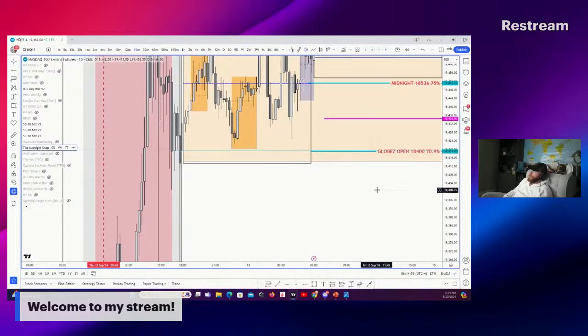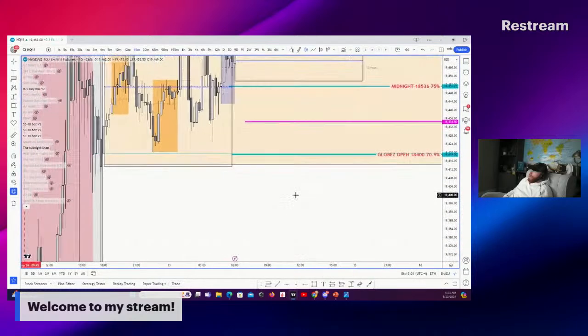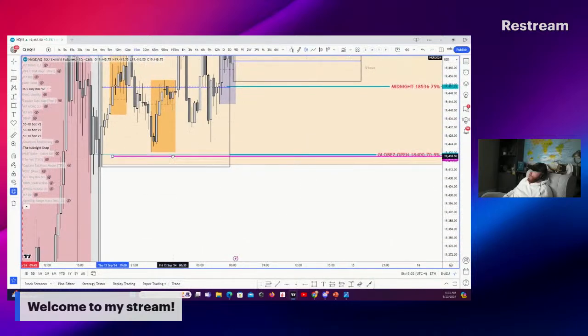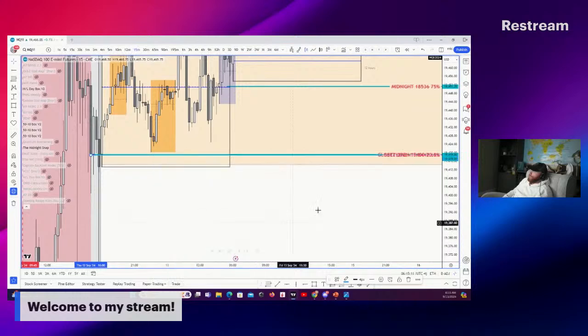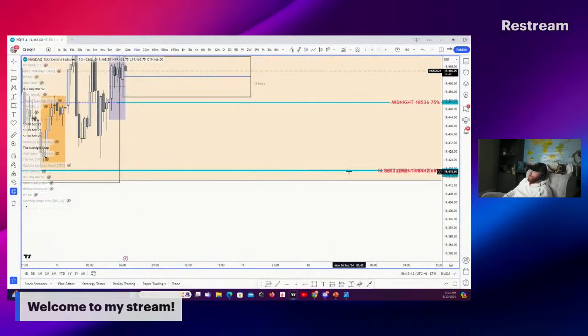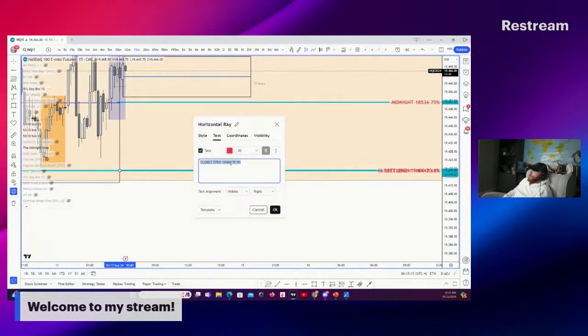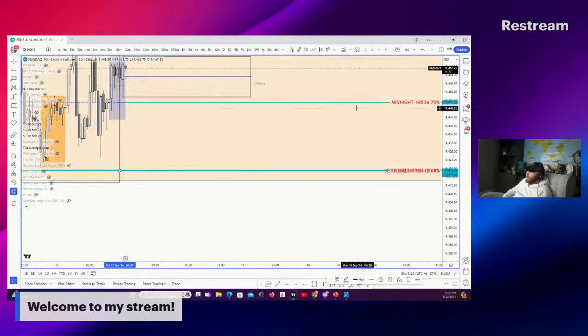Dang, settlement and, weird, settlement and Globex is the exact same spot. I'm not going to put the actual price level yet on that anymore because that means I have to change it and I keep forgetting to change it. So we're just not going to put it on there.